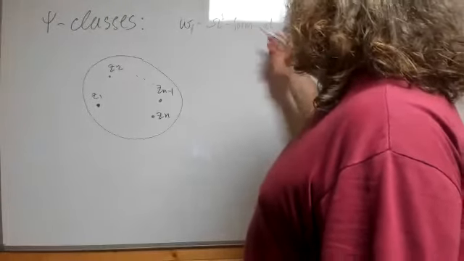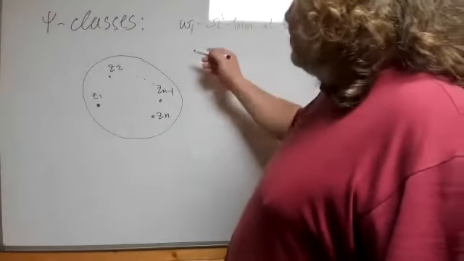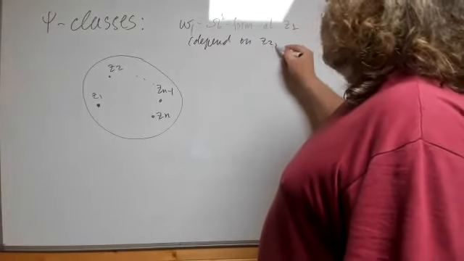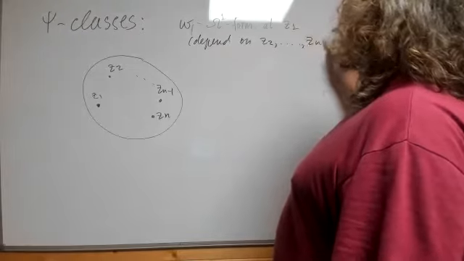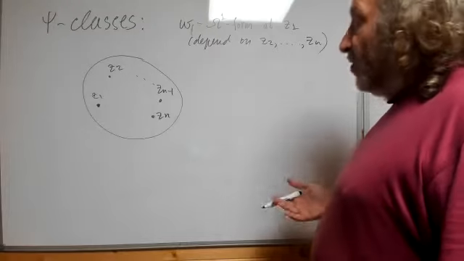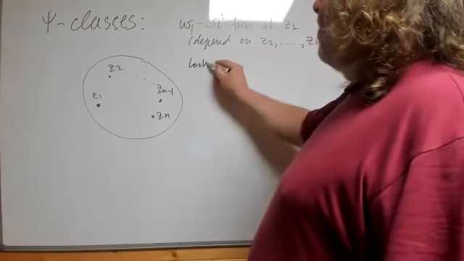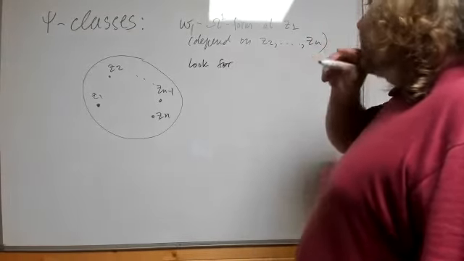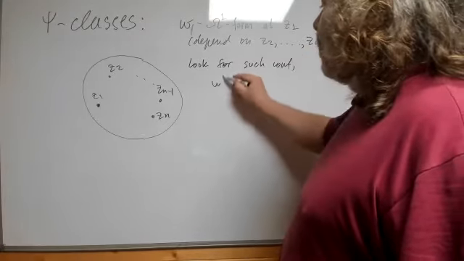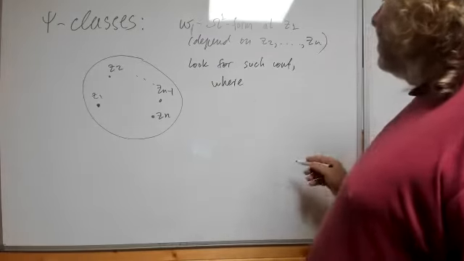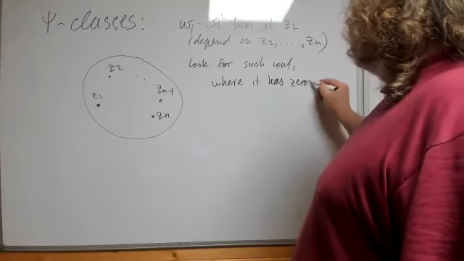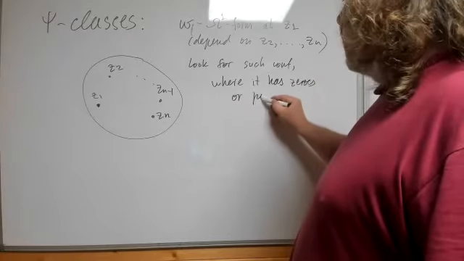And this one form at Z1 should depend on Z2, etc., Zn. And we may look for such configurations where it has zeros or poles.